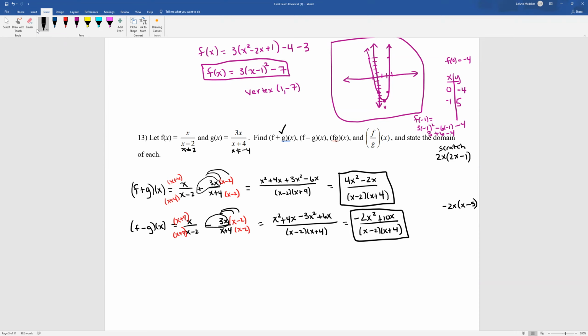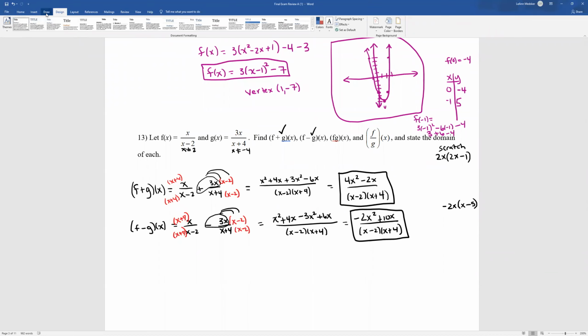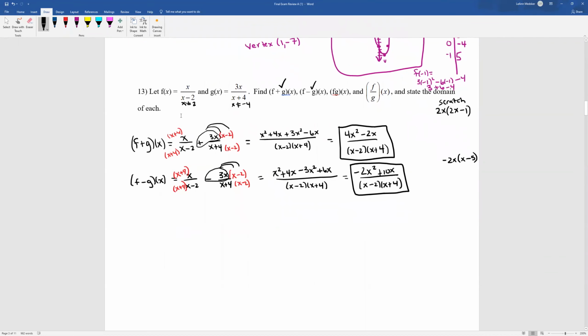Now, when we get into multiplication, we don't have to get a common denominator, and neither do we have to do that for division. Because when you're dealing with multiplication and division, the rules are not the same. It's not about having a common denominator. When we multiply two functions together and their fractions, we do numerator times numerator and denominator times denominator.